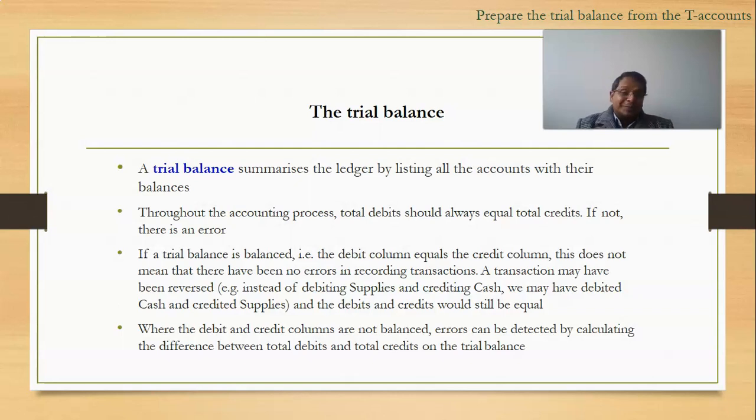The debit and credit would be the same, but the furniture account or machinery account would be higher or lower. So there are some errors that don't impact the balancing of the trial balance, but there are some errors that the trial balance can actually check.